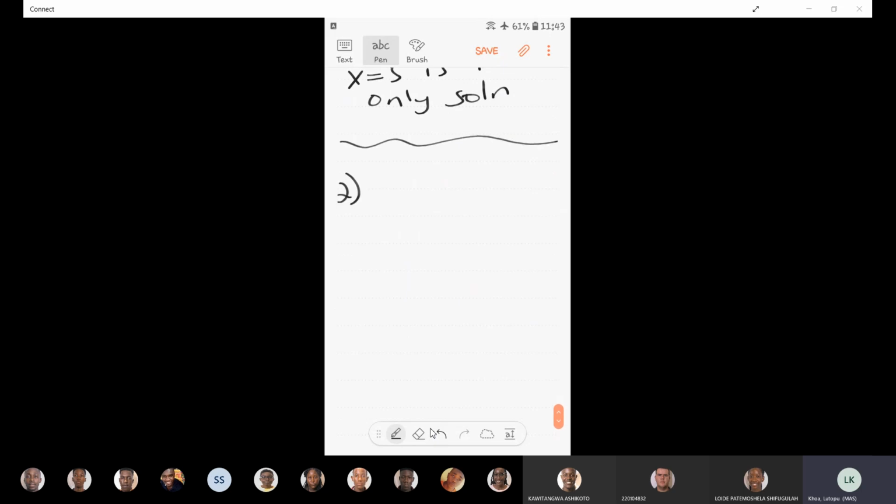Number 2, we have 6 minus the square root of x plus 2. This is equal to x plus 2. All right, so again here, like we were doing with the absolute values, isolate the square root by itself.